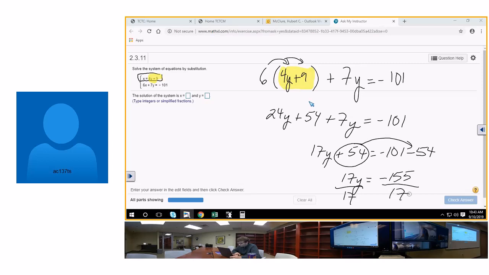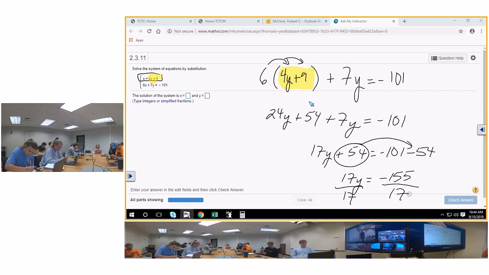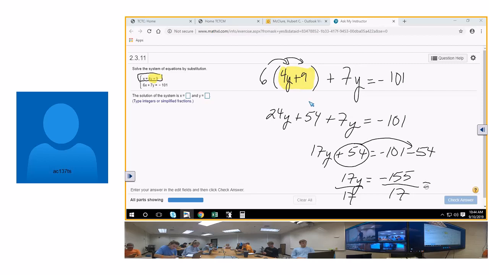I don't know if it's even. If it's a decimal, I'm just going to leave it. -9.11. I'm going to use the fraction because I don't have a calculator and I don't like to depend on it.